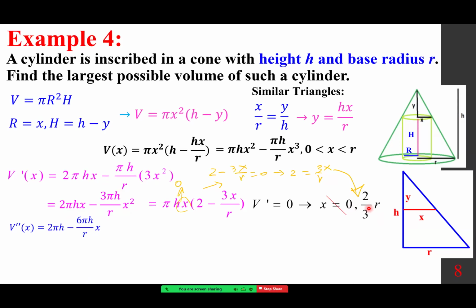That's the second derivative test. Plug in, evaluate the second derivative at the critical point, and pay attention just to the sign, either positive or negative. So we plug in, we get 2 pi h minus 6 pi h over r times 2/3 r.